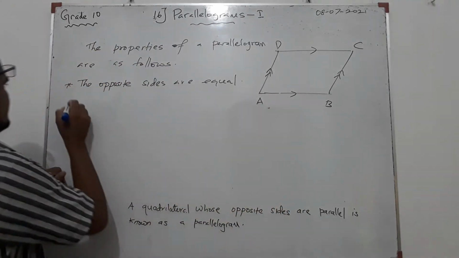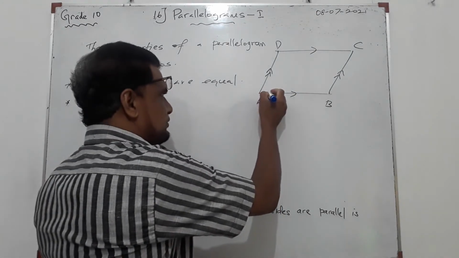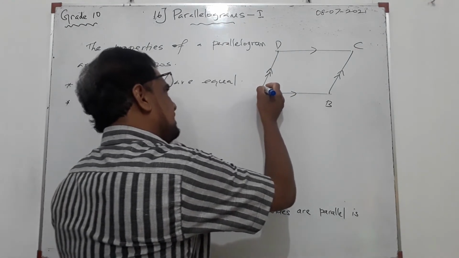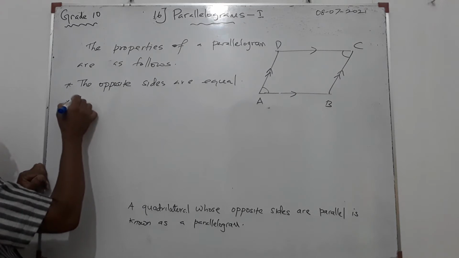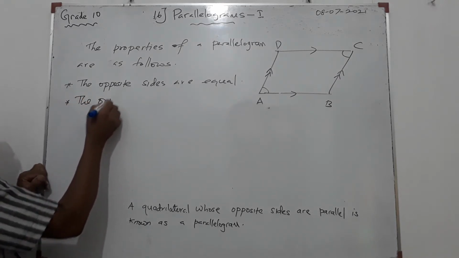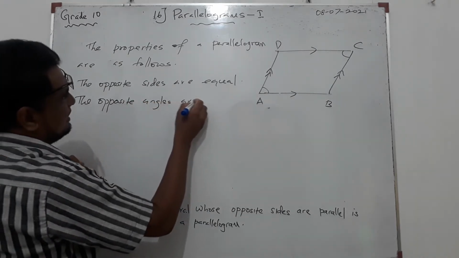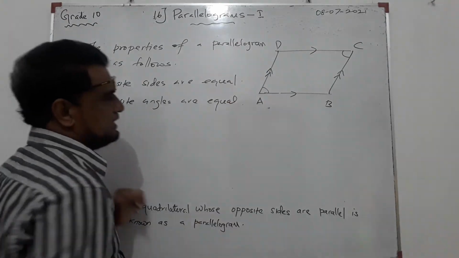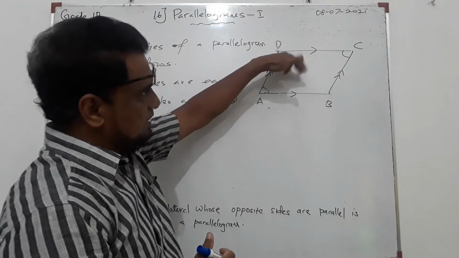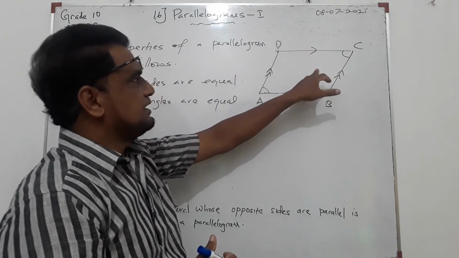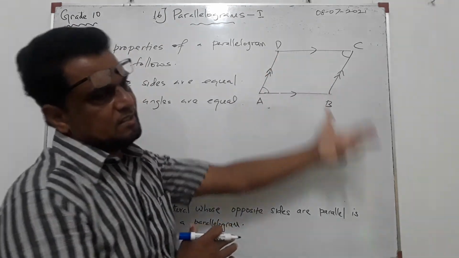The second property is the opposite angles. When you measure the opposite angles using the protractor and compare them to each other, the opposite angles are equal.